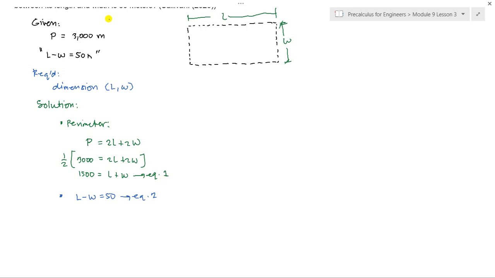Now, isolating both of these equations, ato siya ibutang ari, that is length plus width is equals to 1,500. This is from the perimeter, and this L minus W is equal to 50 meters. This is for the second condition. So akong gikuan nga ang difference giuna na si length, syempre kay if unahon si width, ang answer kay mag-negative. So dapat L minus W.